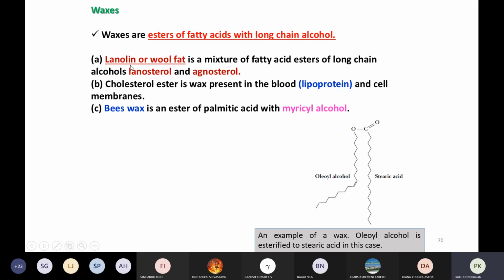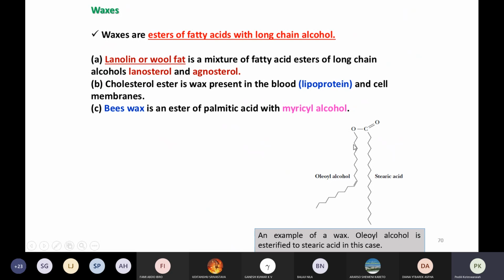Here we have lanolin or wool fat, and the second one is beeswax. You can see here, beeswax is an ester of palmitic acid with a long chain alcohol. This is an example of a wax. Here the oleyl alcohol is esterified with stearic acid in this structure.